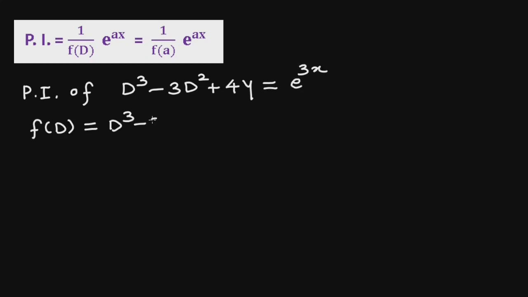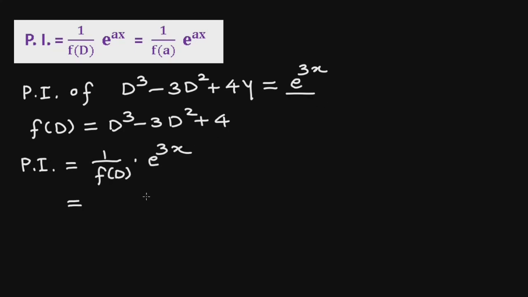Let us see how to find particular integral of differential equation D cube minus 3D square plus 4 y equals e raised to 3x. Here f(D) is D cube minus 3D square plus 4. So particular integral is 1 upon f(D) into this e raised to 3x, which is 1 upon D cube minus 3D square plus 4 e raised to 3x.